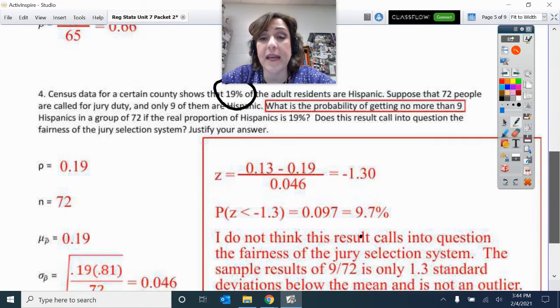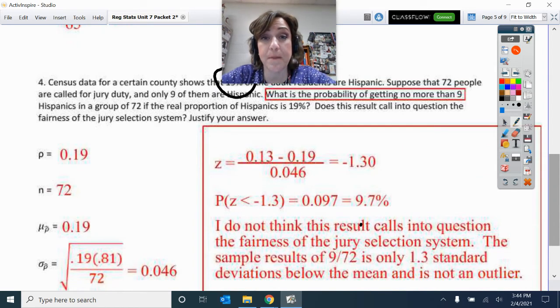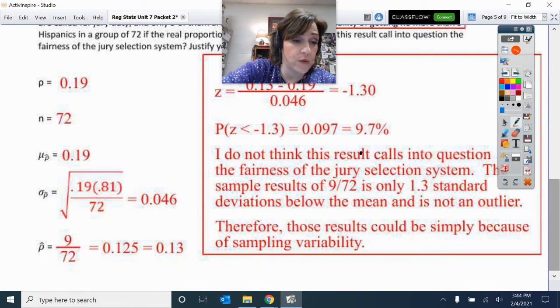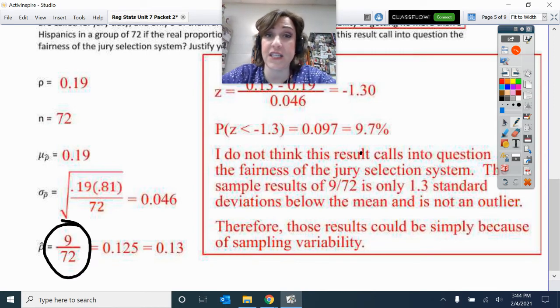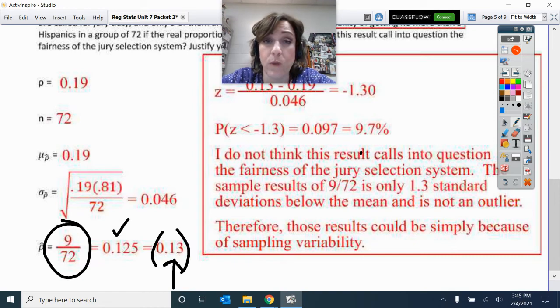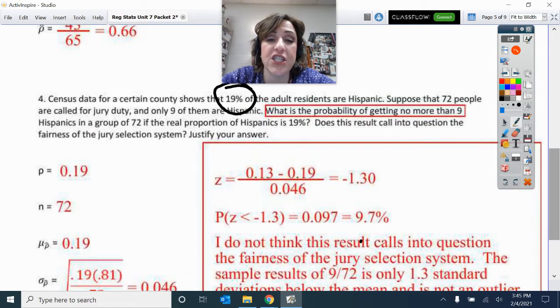But they then went and picked people for jury duty, and of the 72, 9 out of the 72 were Hispanic, which is a lower amount than 0.19. So now I rounded this, but you didn't have to. You could leave it at 0.125 if you wanted to. I rounded it just because a lot of times I tell you to round to two significant digits.